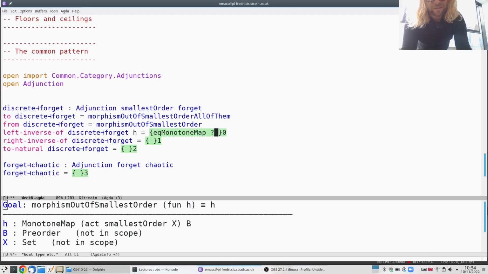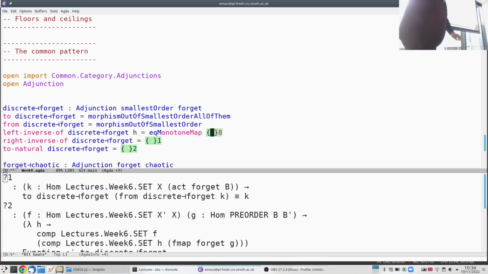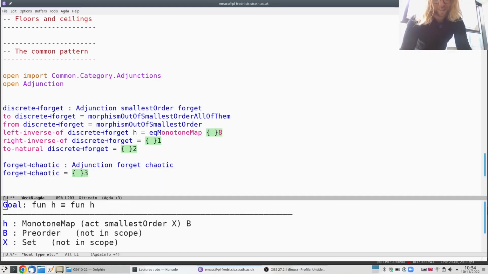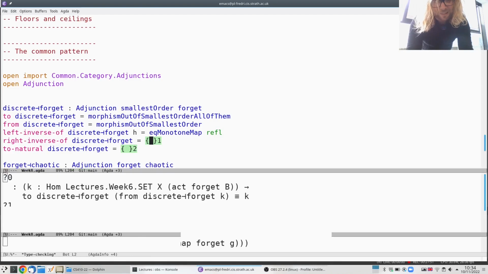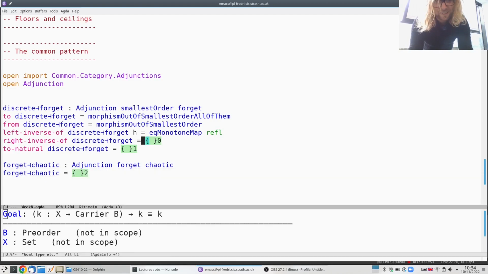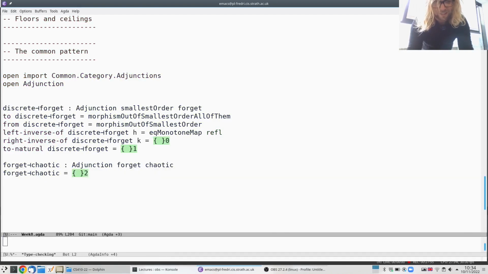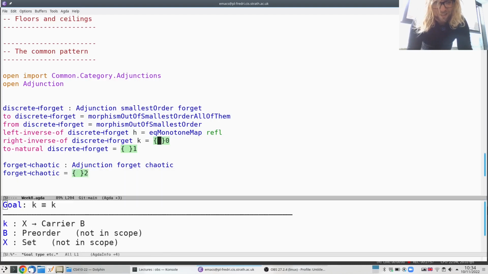We had a thing for this. They are equal if the underlying functions are equal. Which is what, extremely reassuring, right? And the other way around, I think, is even easier, because here we're already applying the underlying function on the outside.